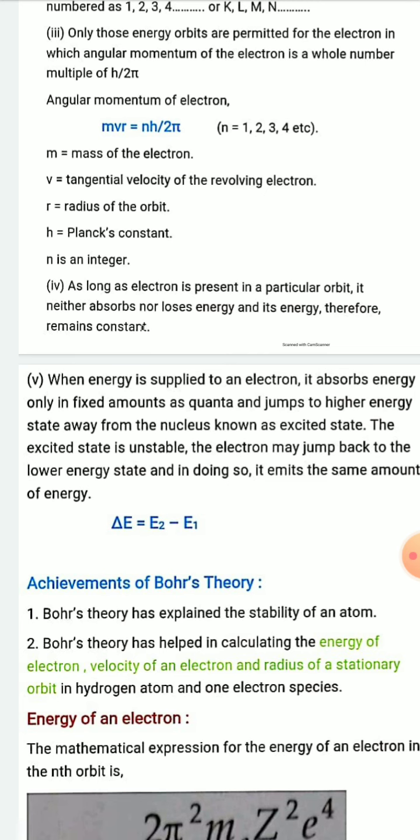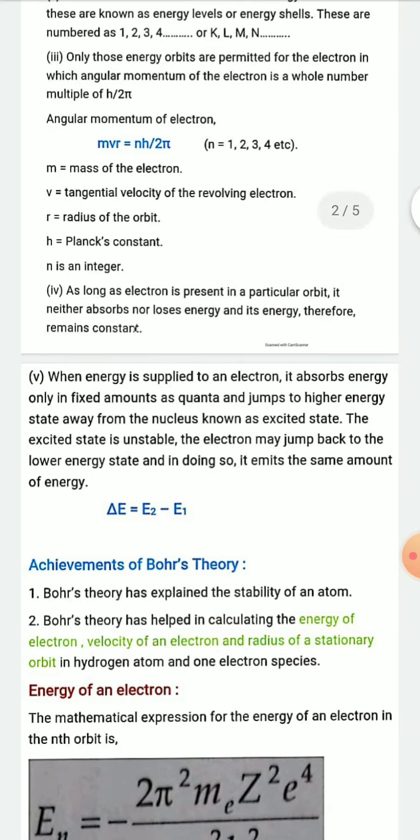The excited state is unstable, and the electron may jump back to the lower energy state, and in doing so, it emits the same amount of energy. That is, the amount of energy absorbed is supplied from an external source in terms of light.